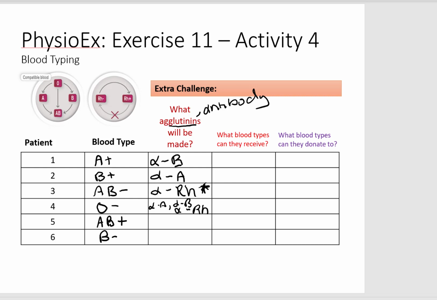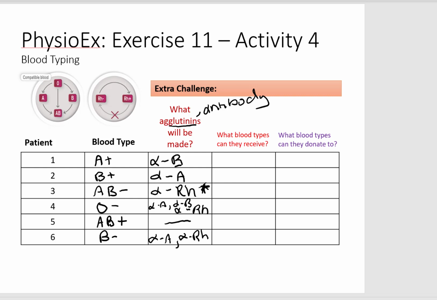What about this AB positive patient? They don't have any antibody. They won't make any, will they? Not to these antigens that we're clinically worried about. And then lastly, the B negative person would be making anti-A and anti-RH.